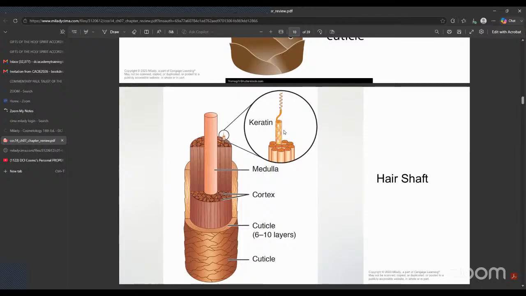So the keratin is within the cortex. That's the strength of the hair. If you're doing a chemical like a bleach, a relaxer, a permanent wave, a Jheri curl, or something of that nature, it's going to process in the keratin, in the cortex, and the keratin is going to be damaged or enhanced, one or the other.